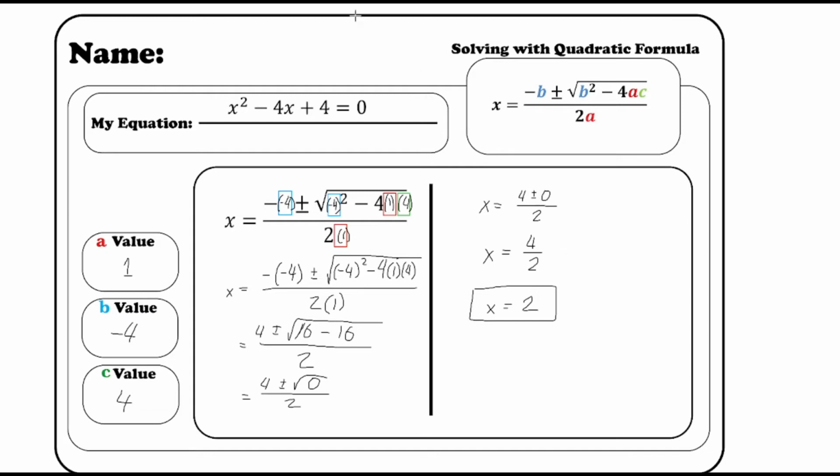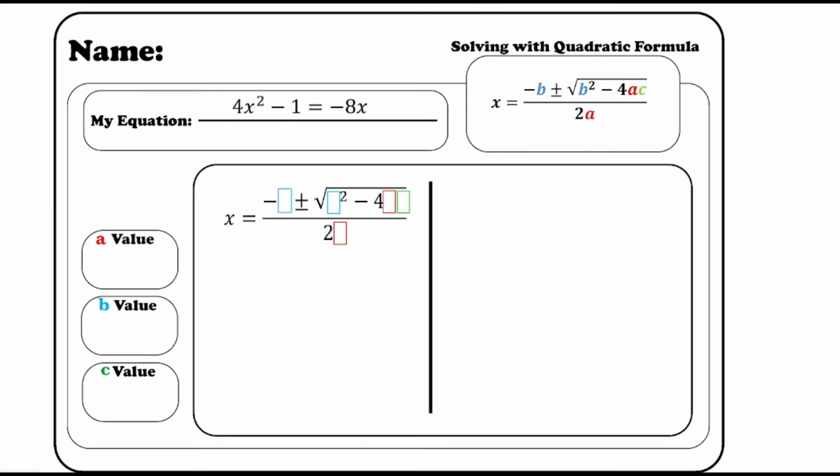So, yan. Next example tayo. Yan. So, we have 4x squared minus 1 equals negative 8x. So, in this equation, kung mapapansin nyo, hindi na siya nakasulat into its general form. Okay? So, hindi tayo pwede agad gumamit ng quadratic formula sa ganitong situation.